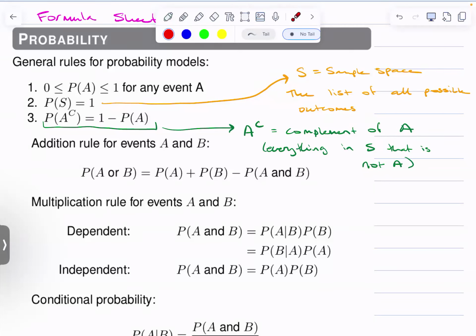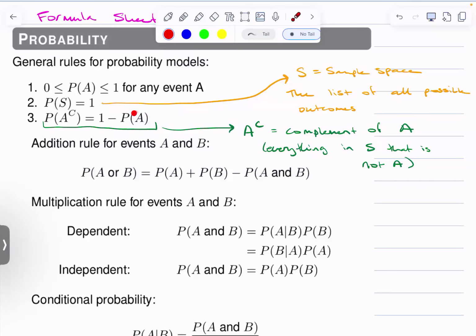If I sell you a lottery ticket and I tell you, hey, there's a 10% chance that you'll win, what do you also know by that? You know that there's a 90% chance that you're not going to win. And so that's the complement.